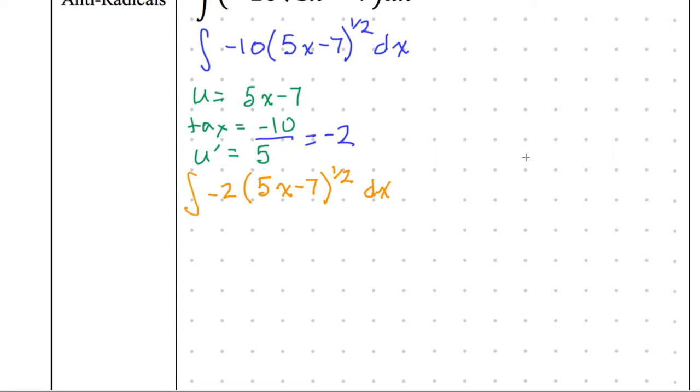All right. Who wants to take the antiderivative for us? Antiderivative. So would it be negative 2 times 2 over 3? Because when you add 1 to 1 over 2, it would be 3 over 2.